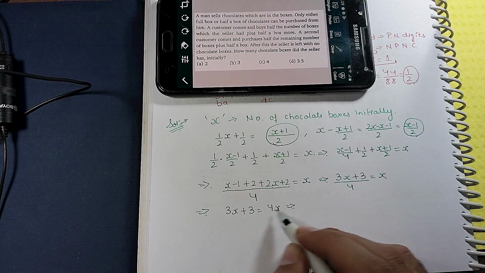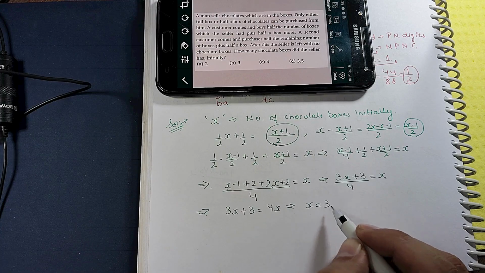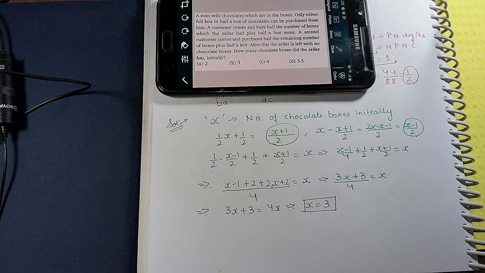If I shift this to this side, I get X is equal to 3. So the number of boxes initially was 3.